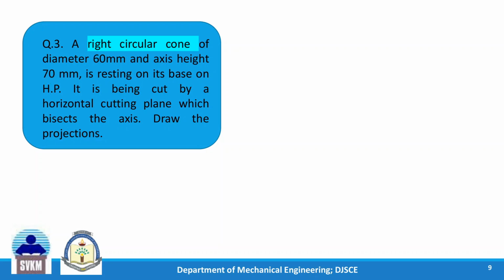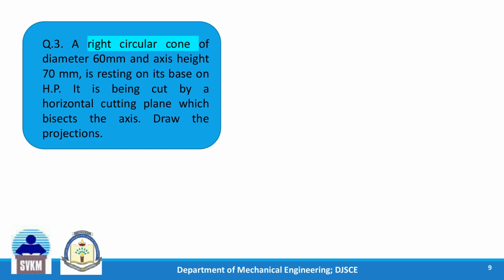It is resting on its base on HP, this is also given. It is being cut by a horizontal cutting plane which bisects the axis. Draw the projections. So we have to show the front view and the top view for this case.